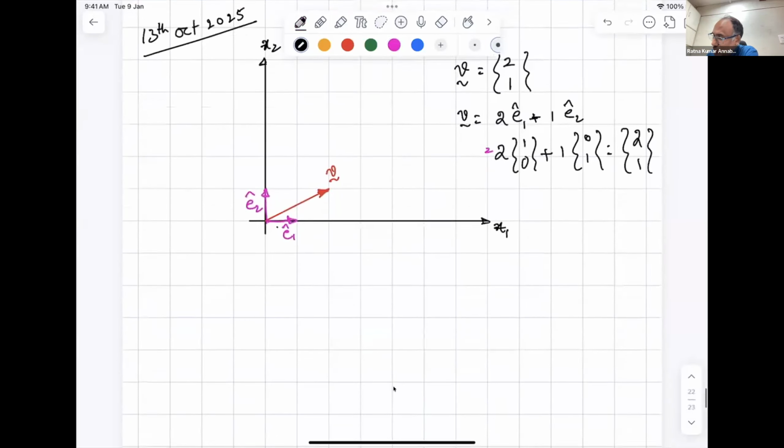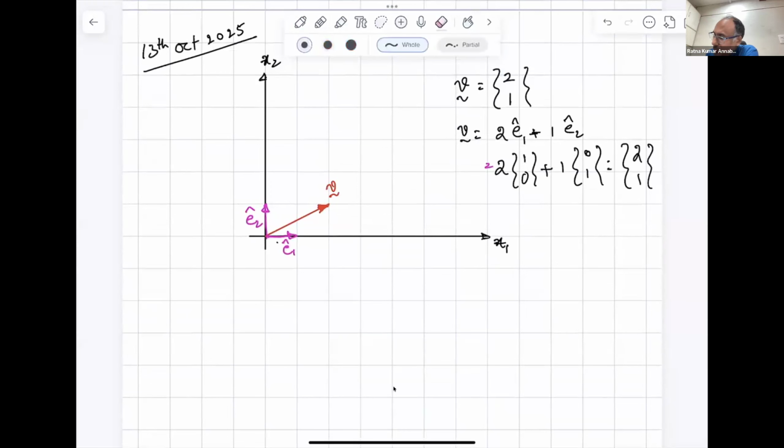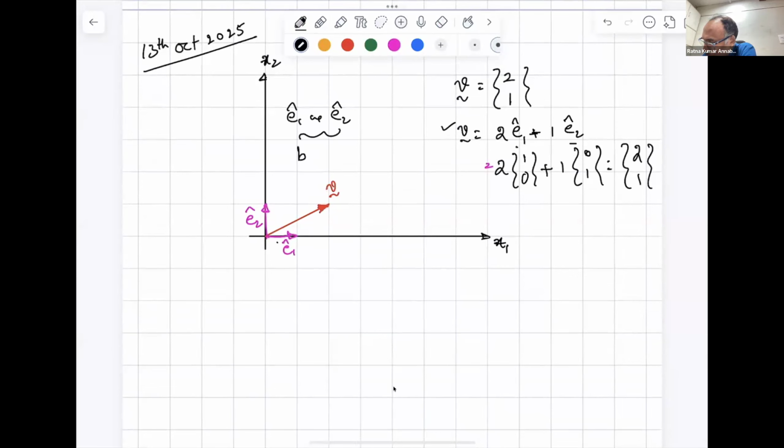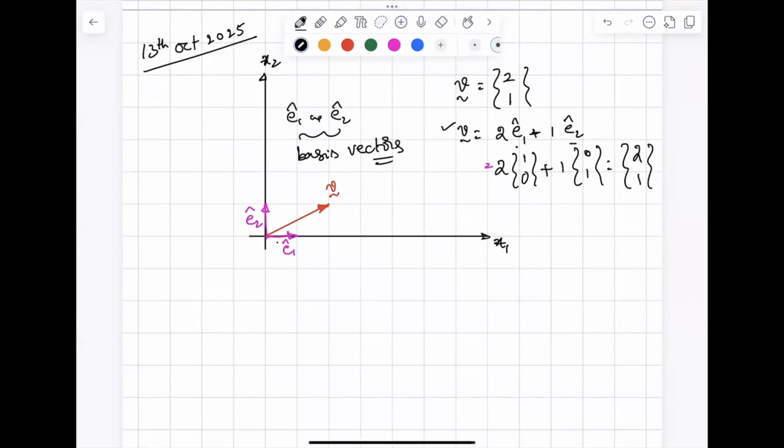That is how you can write. Any vector v in 2D can be written as a linear combination of the basis vectors. So e1 hat and e2 hat are called basis vectors. Is that clear? Yes, sir.